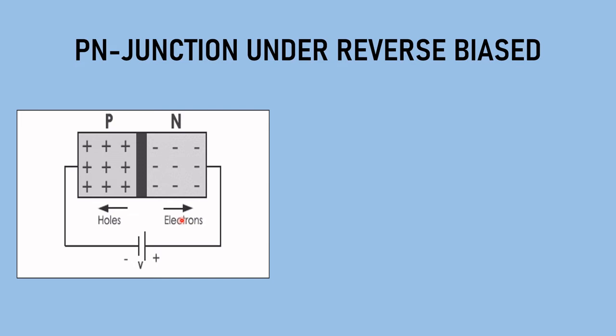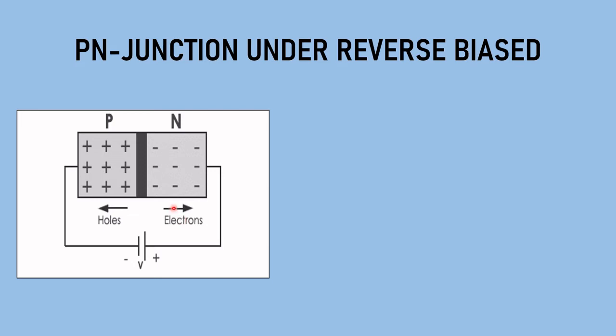An external potential V is applied across the PN junction. The positive terminal is connected to the N-type material and the negative terminal is connected to the P-type material. The number of uncovered positive ions in the depletion region of the N-type material will increase due to the large number of free electrons attracted to the positive potential of the applied voltage.